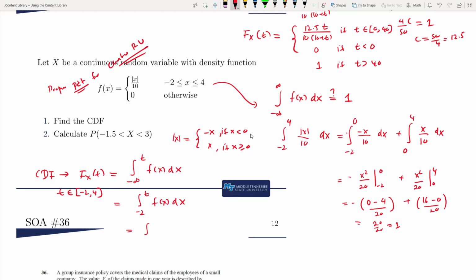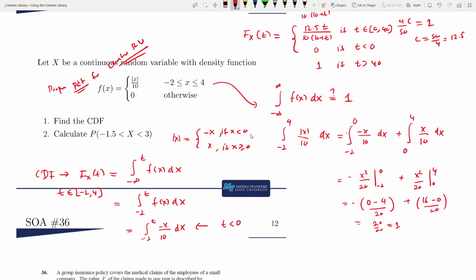So now let's assume t is less than 0. If it's less than 0, we would have the CDF value as the integral of -x divided by 10 dx. So here the assumption is t is less than 0.